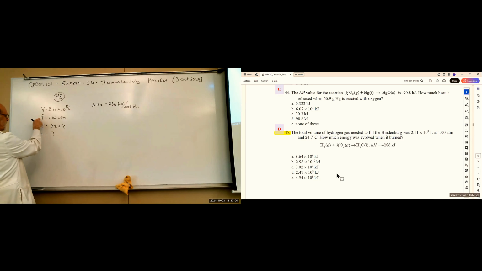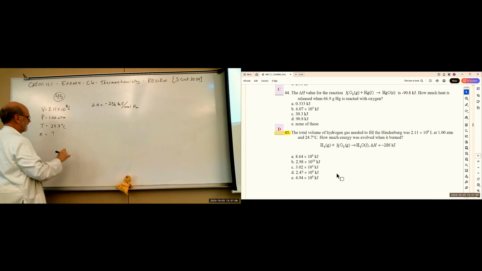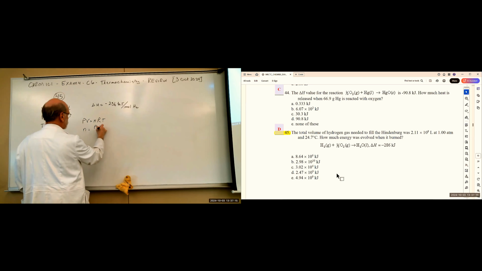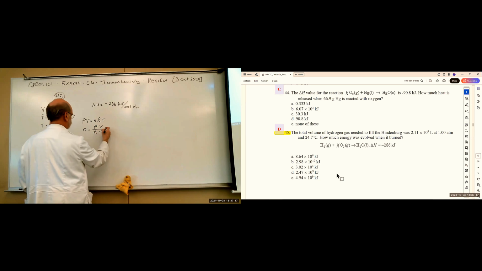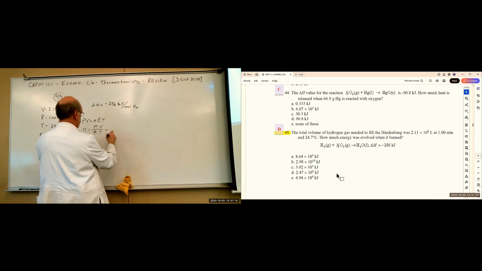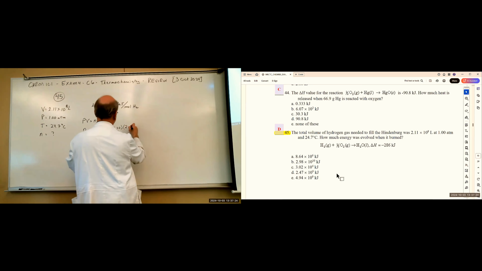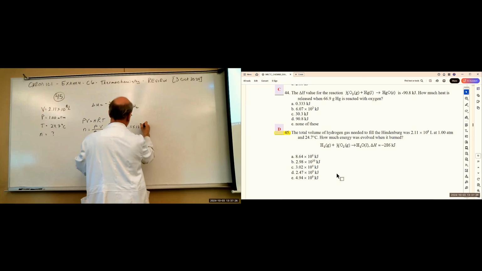PV equals nRT. The number of moles is equal to PV over RT. Pressure, 1 atmosphere. Volume, 2.11 times 10 to the 8th liters.